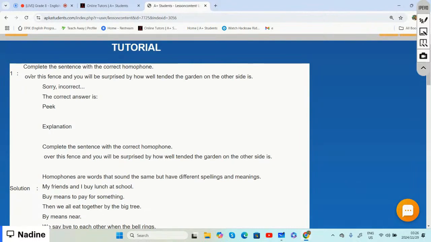It says we need to correct the sentence with the correct homophone.